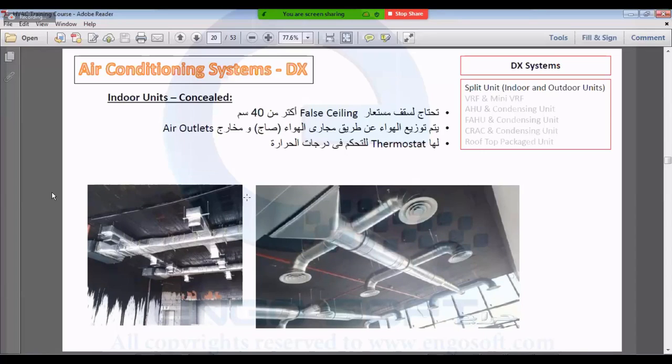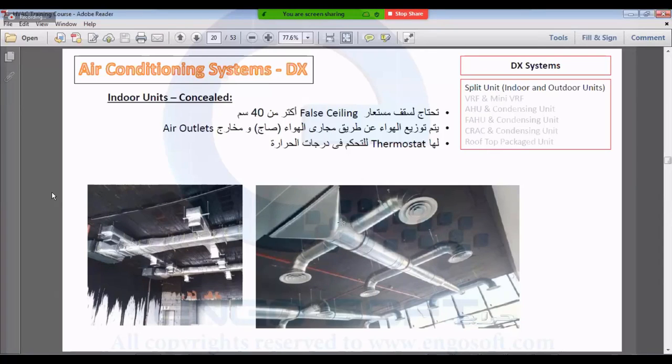So we said that it is mounted in the false ceiling. As per the picture here, this is the unit, this is the duct system, and these are the outlets. You see the mouse, right?